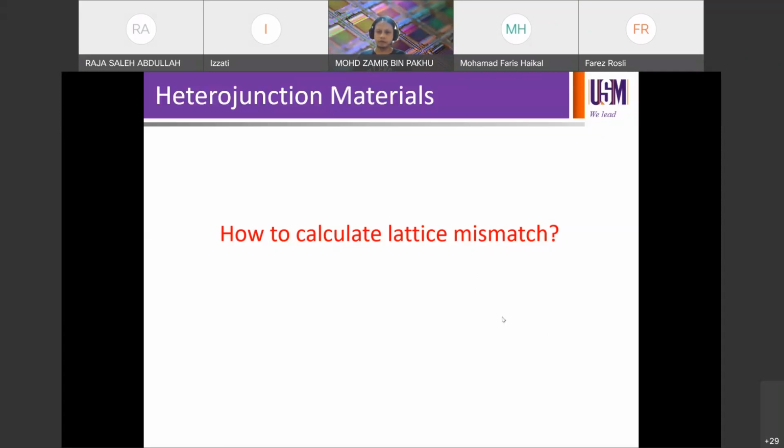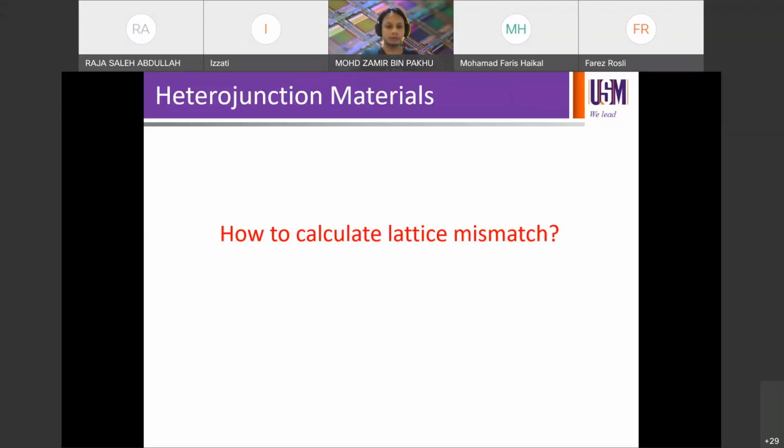Average value of lattice constant. Okay, Nabila said difference of lattice constant divide by average value of lattice constant. So it's actually the difference, so lattice mismatch in terms of percentage. Okay, percentage is actually the difference between the more common answers that I found.